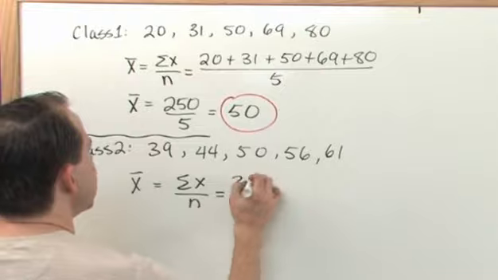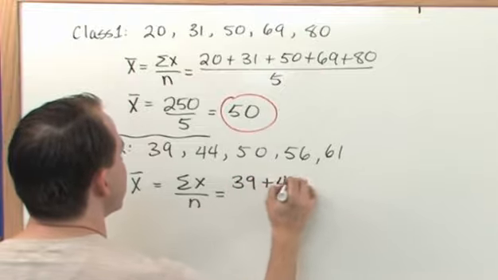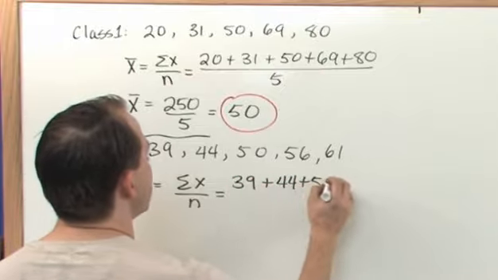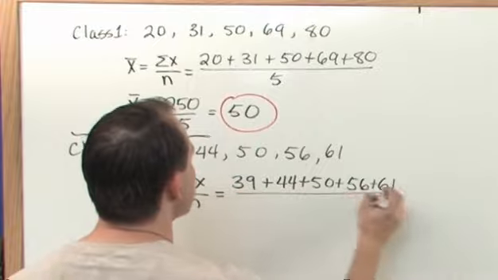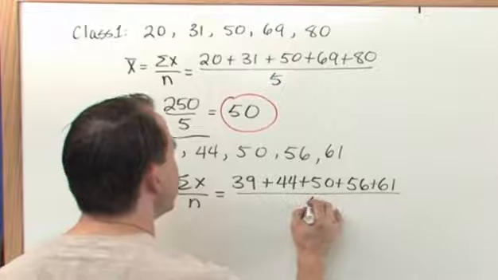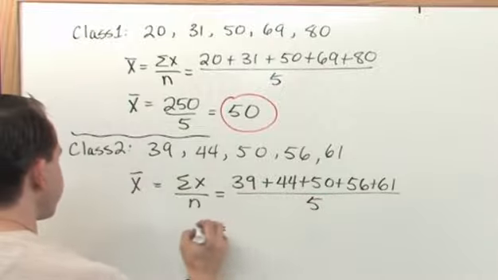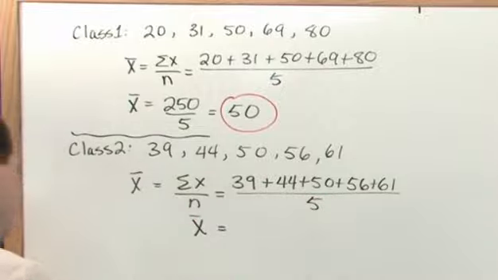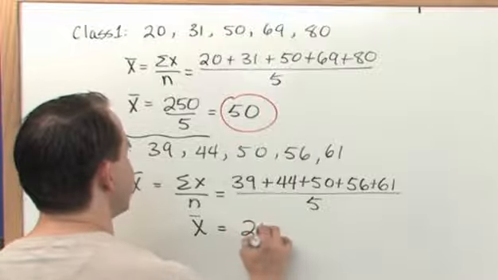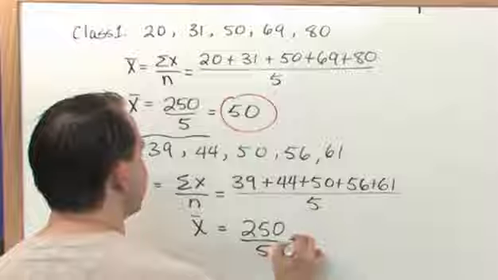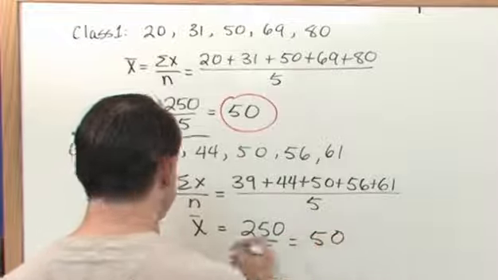So it's going to be 39 plus 44 plus 50 plus 56 plus 61, all divided by 1, 2, 3, 4, 5 grades. If you put those in and calculate the answer, you'll get 250 on the top, divided by 5, which we already know from last time is equal to 50.